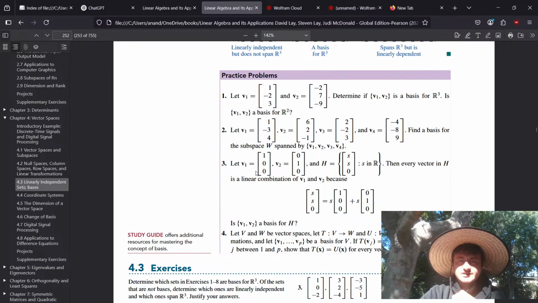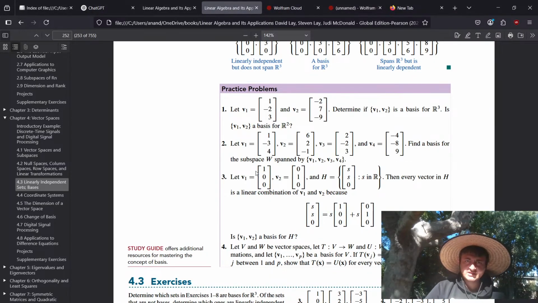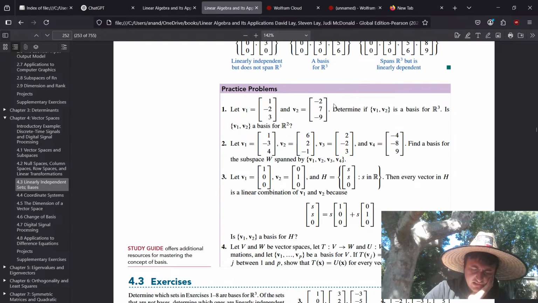All right, the practice problems. Determine if V1, V2 is a basis for R3. It has to be no and no. Right?